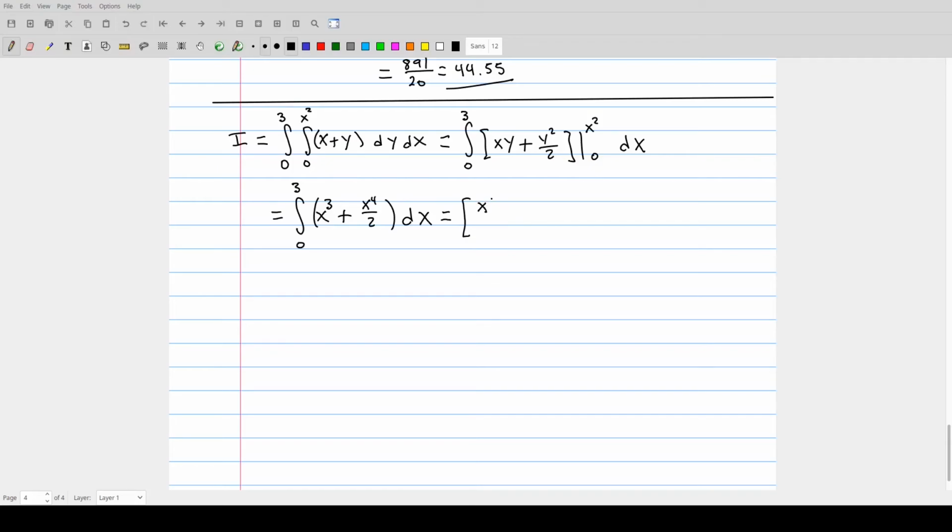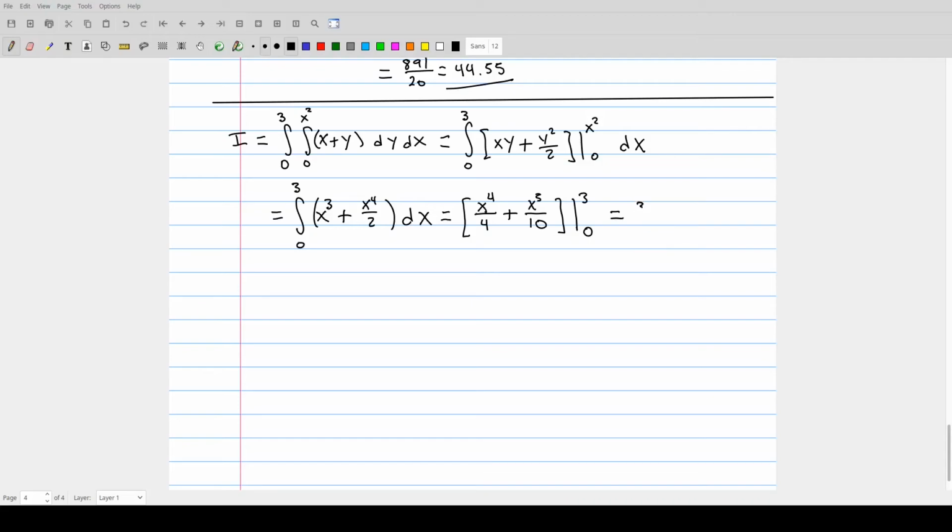The antiderivative of x cubed is x to the 4th over 4. And the antiderivative of x to the 4th over 2 is x to the 5th over 5, which we have a 2 here, so this is 2 times 10. And you have to plug in here 3 and 0. So again, when x is 0, both x to the 4th and x to the 5th are 0.